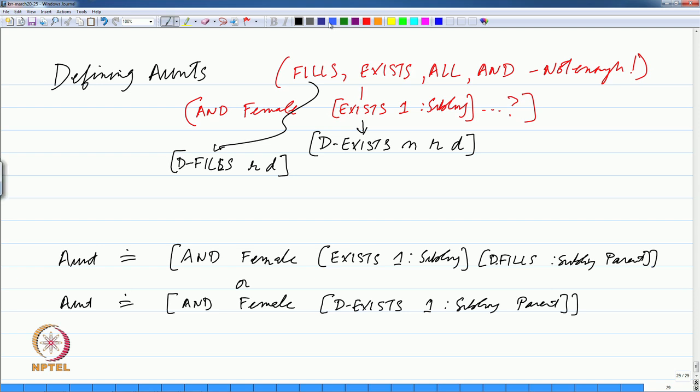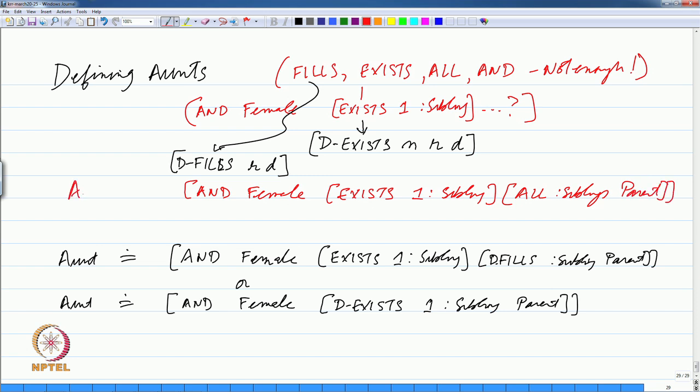What about if I have another concept: and female who has at least one sibling and all siblings are parents.